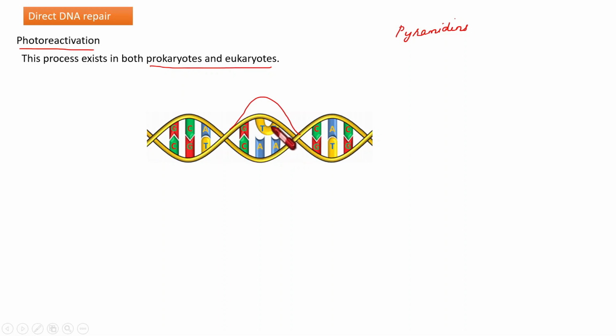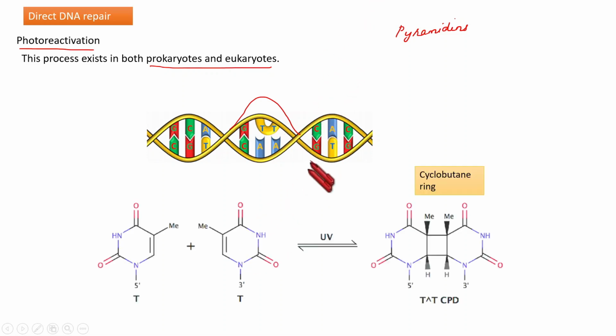Then we should know how this dimerization happened here. Dimerization between these thymine bases. So that's what I'm going to show you. This is one thymine and this is another thymine. And in this structure, we can see a double bond. One double bond here for this thymine, and another also we can see.